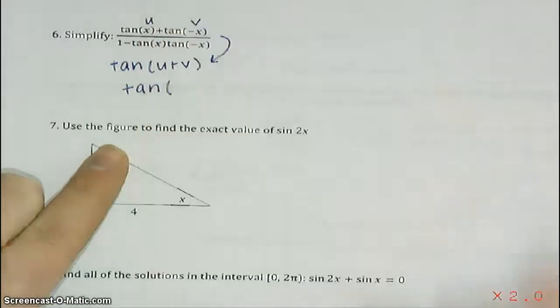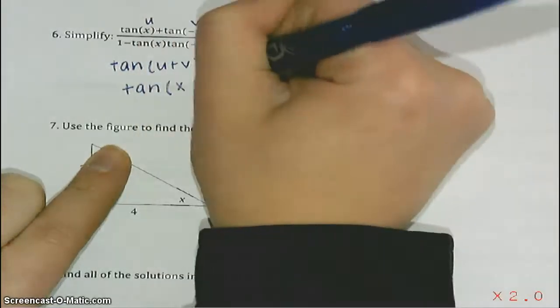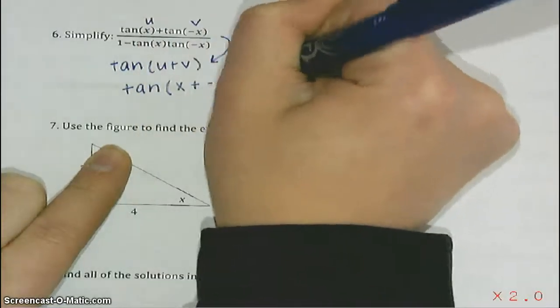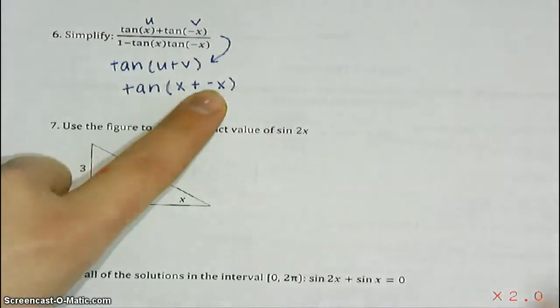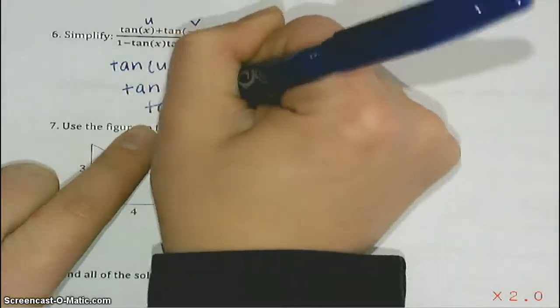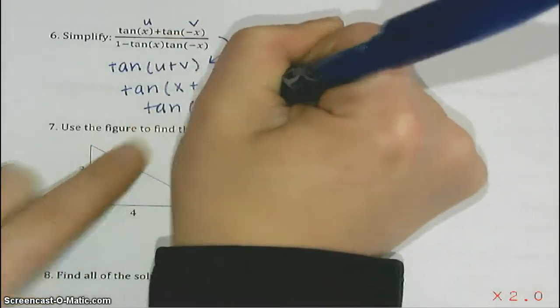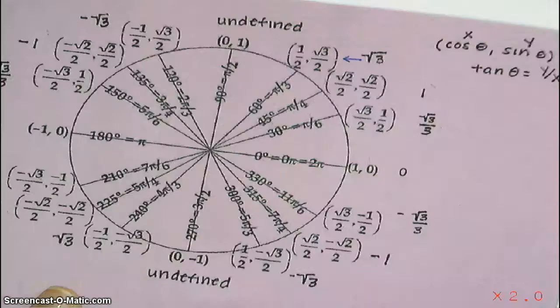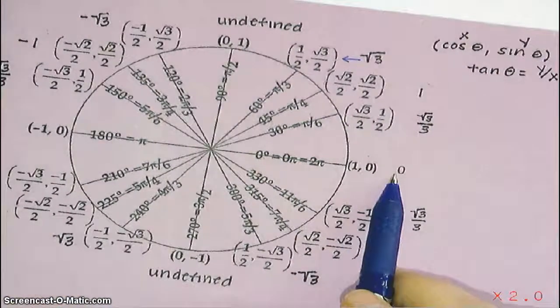So you're going to get tangent of x plus negative x. X plus negative x is 0. And tangent at 0, if you reference your unit circle, is 0 itself.